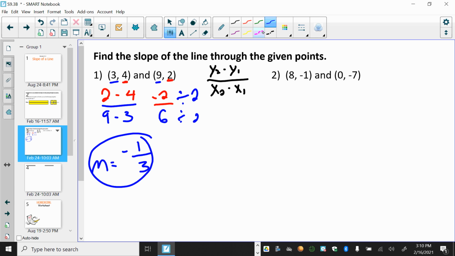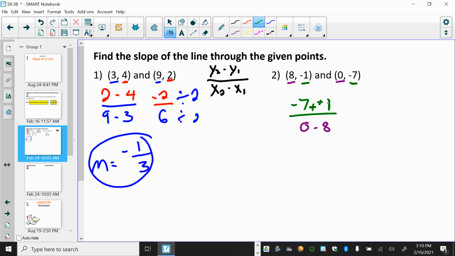All right, let's do it again. Y's, I have negative 7 minus negative 1, over 0 minus 8. Let's find our totals. Negative 7 minus negative 1. Remember, anytime that we subtract a negative, we're going to add its opposite.